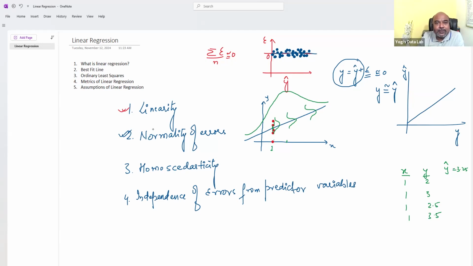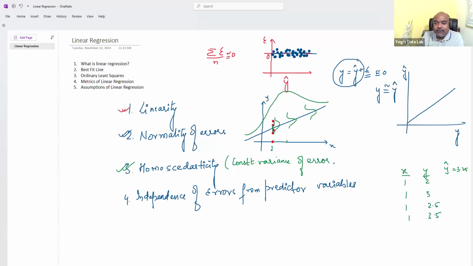Coming to the third point, which is homoscedasticity. When you talk about homoscedasticity, this means constant variance of errors. Now, when I talk about constant variance of errors, if I talk about a normal distribution and my mean is approximately equal to 0, which is in analogy to what you saw in a standard normal distribution, where your mean was 0 and the standard deviation was 1.